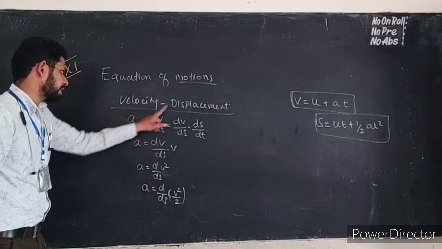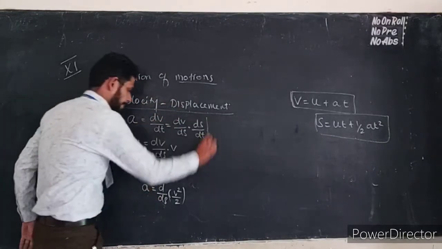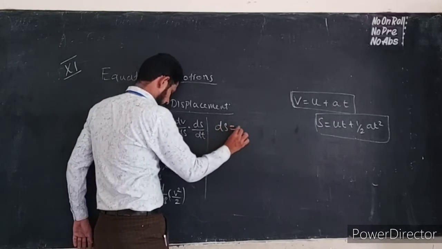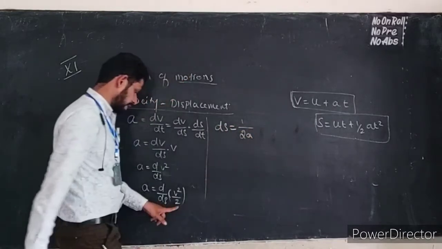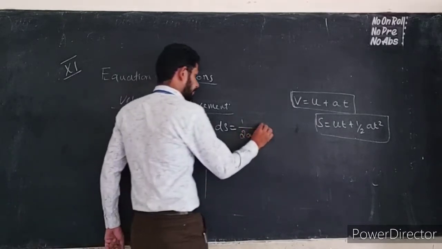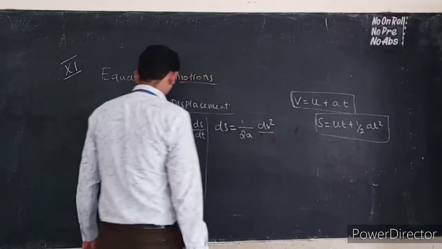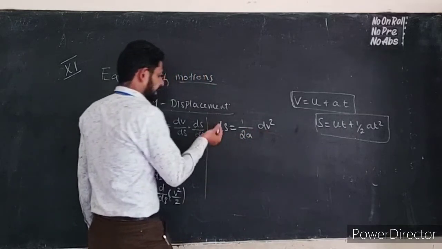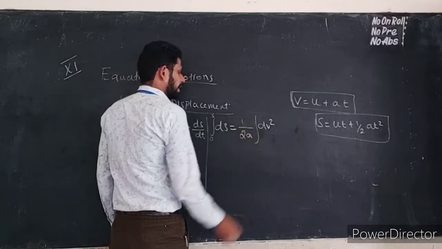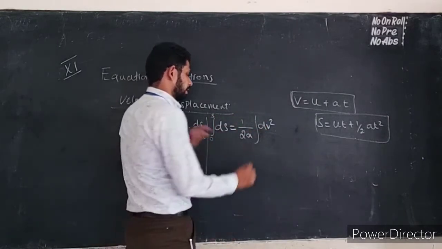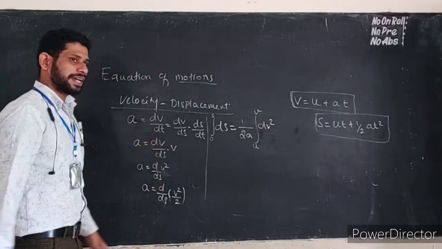So now we have the relation between velocity and displacement. Taking this displacement, s will be equal to 1 by 2a, because 2 is a constant and a is also constant, d of v squared. Now integrating this, displacement from 0 to s, and velocity from initial velocity to final velocity.